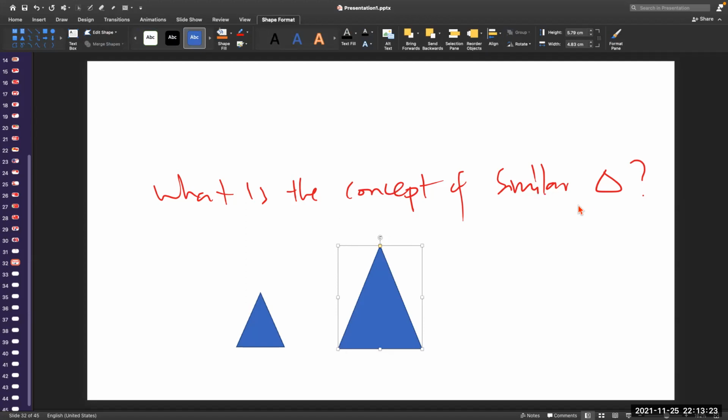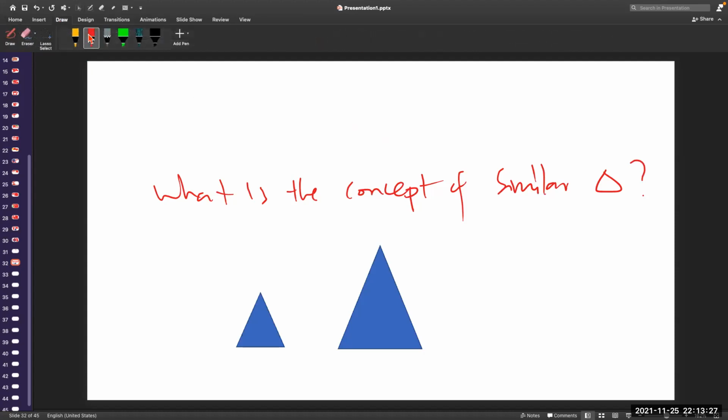So the concept of similar triangle is this. We have two triangles, triangle 1 and triangle 2. If I say triangle 1 is similar to triangle 2, what are the properties of these two triangles?